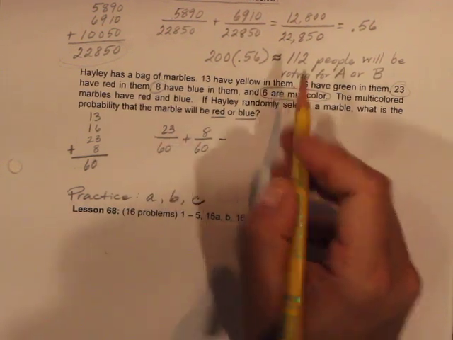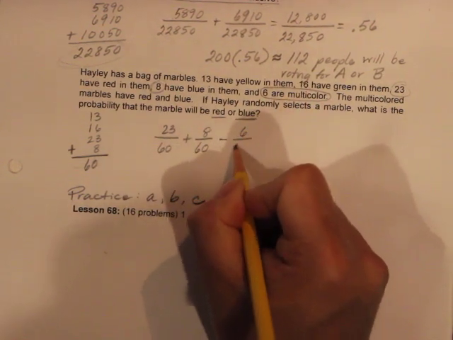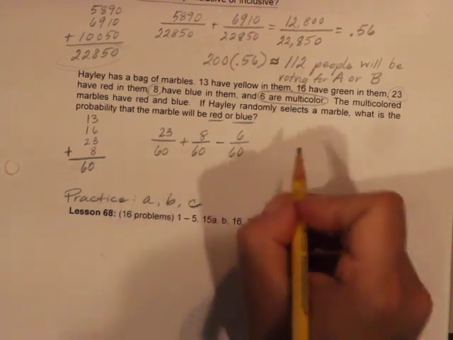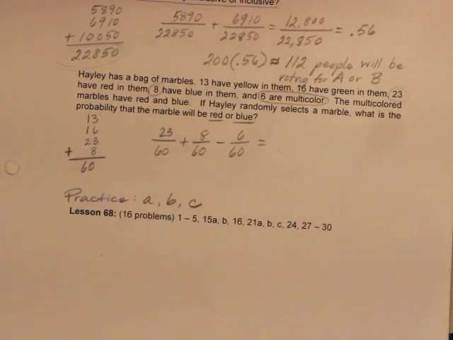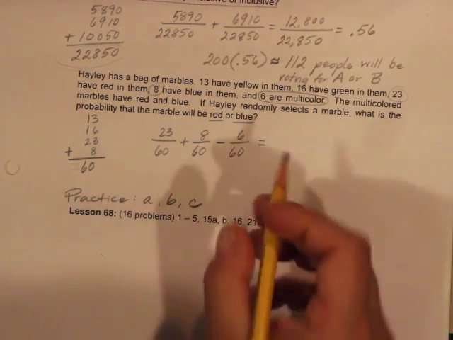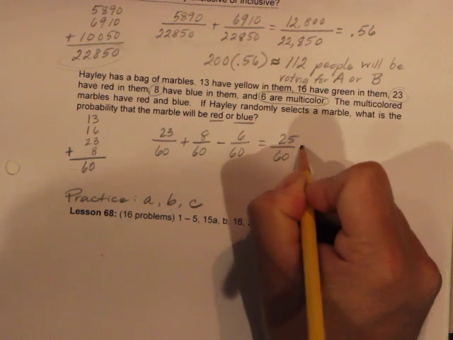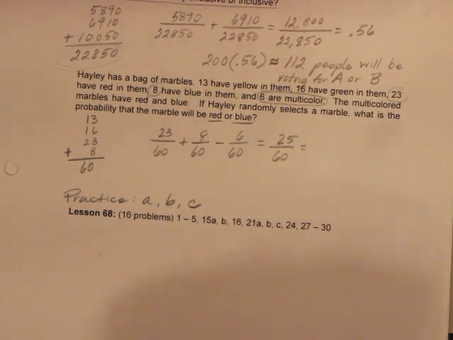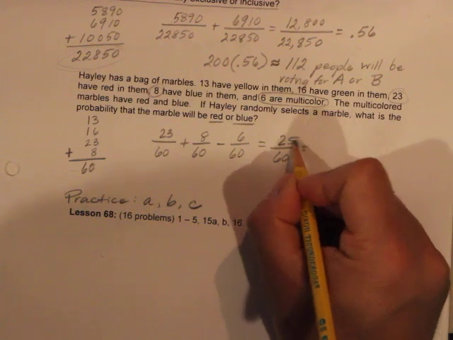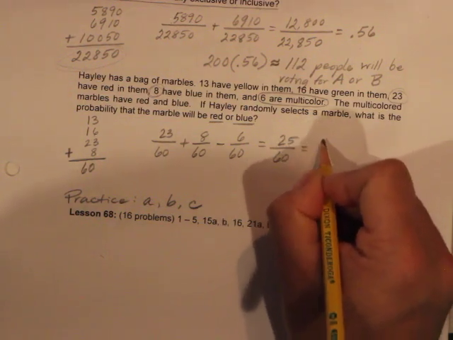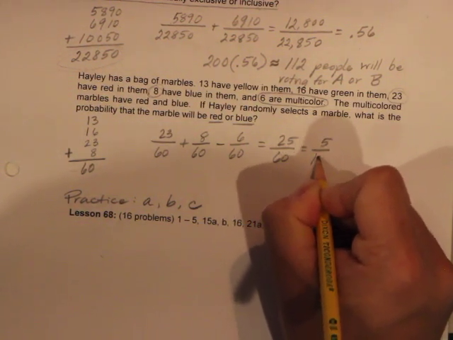And I knew that there were 6 of those, so I've got to subtract that out. Now, when I do that math, 23 plus 8 minus 6, I get a total of 25 out of 60. When I reduce that down, I can reduce by a factor of 5, right? So if I divide both of these numbers by 5, I get 5 out of 12.